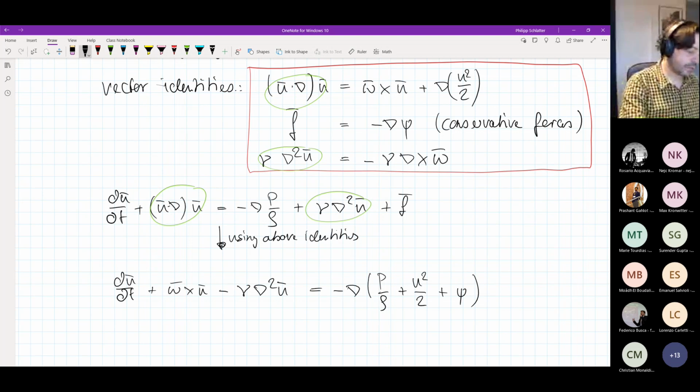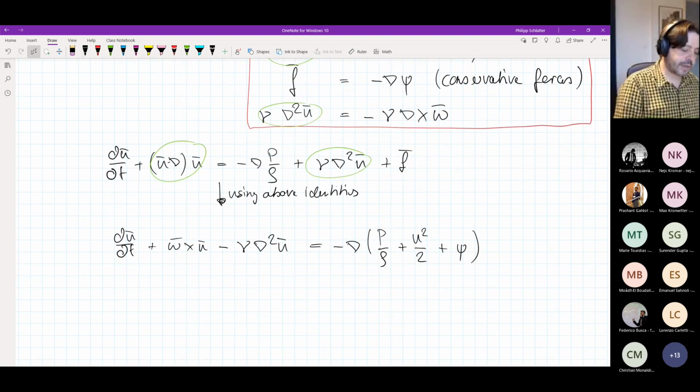Now, the interesting aspect here is that we can now identify that whatever is written in this bracket here, so we have the pressure plus the kinetic energy plus a potential, this is actually something that we know.